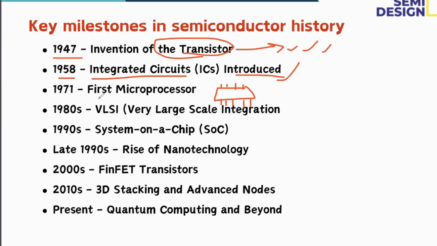From the integrated chip, in 1971, the first microprocessor was introduced. What is the first microprocessor? The Intel 4004, a 4-bit microprocessor, was introduced. From that microprocessor, we were able to integrate a CPU on a single chip. A microprocessor is nothing but a central processing unit, right? From then onwards, we can integrate a CPU on a chip.